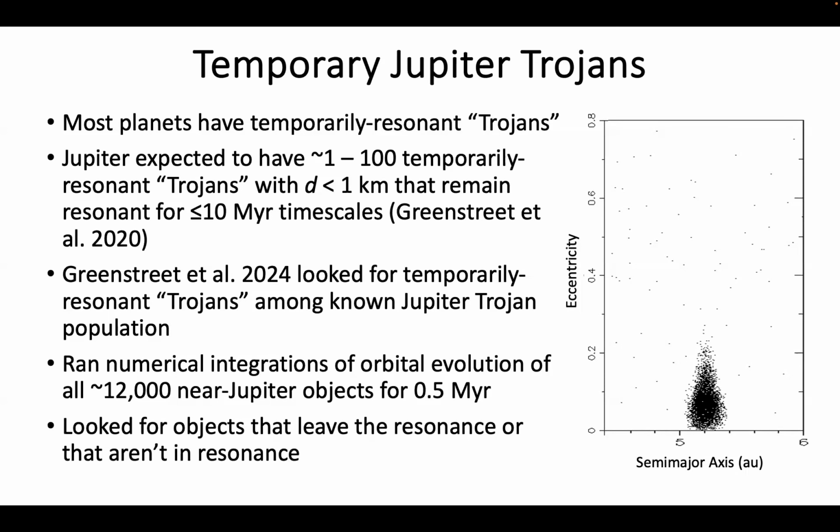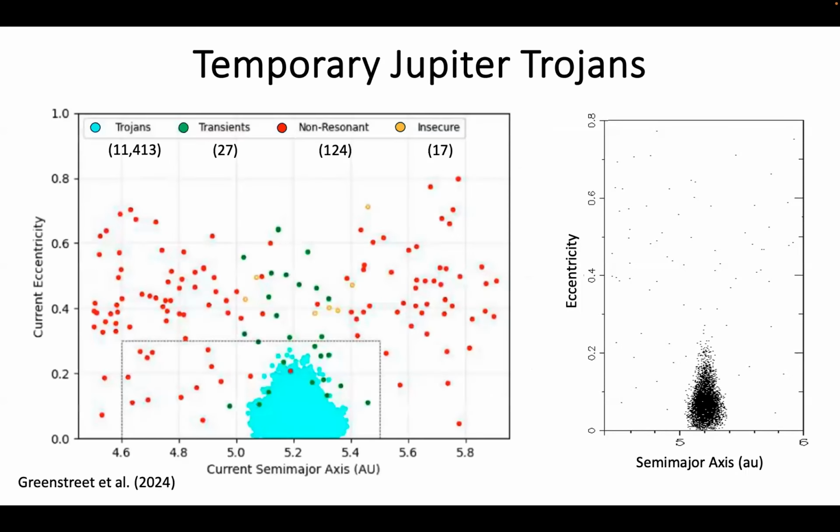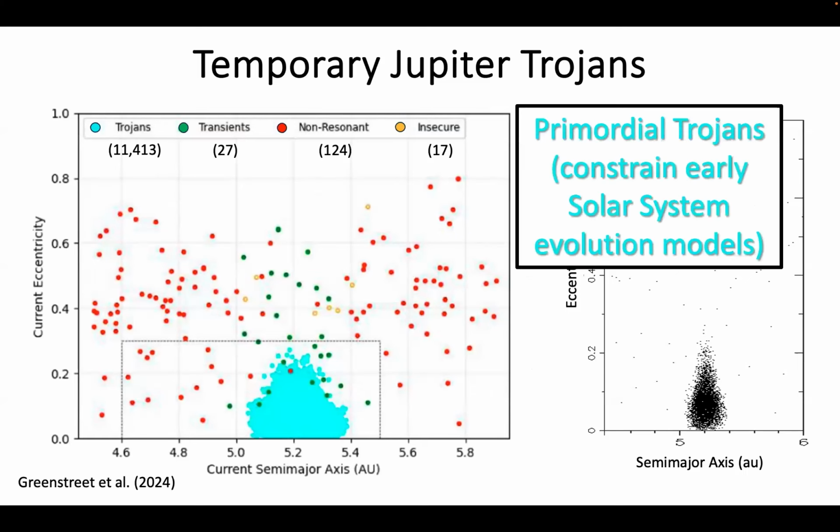So we took this black and white figure on the right, and we were able to color code it now with this plot on the left that breaks this down into the resonant behavior of the objects in this part of the solar system. All of the objects that are cyan in color are those primordial Trojans that we believe have been trapped in this resonance with Jupiter for the age of the solar system.